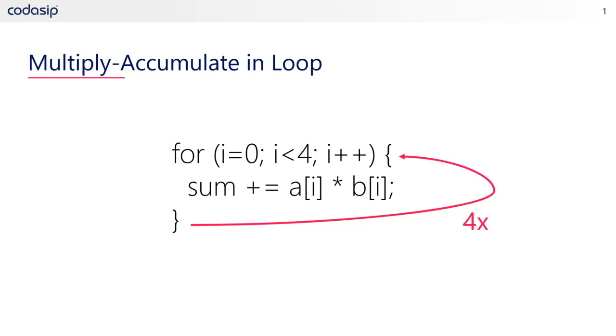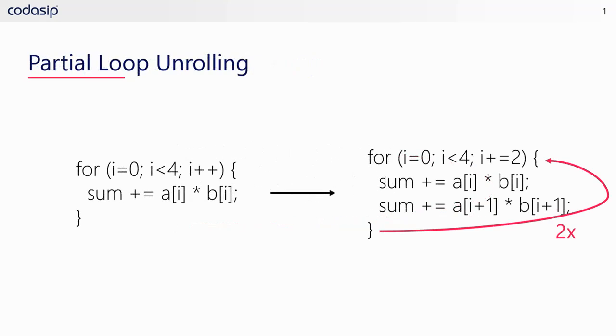What the compiler can do to reduce this overhead related to loops is that it can unroll the loop. It can, for example, unroll the loop twice, as shown in this example. And now the loop overhead is executed only once per 2 iterations of the original loop.